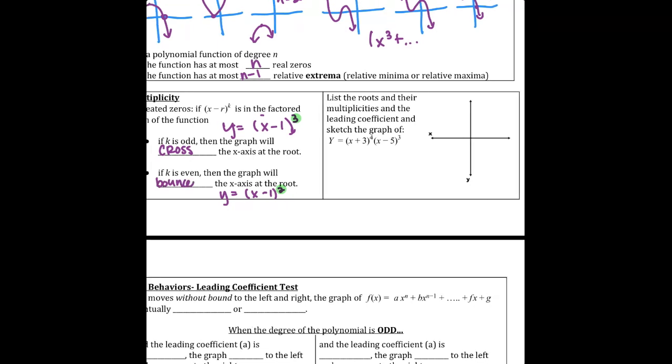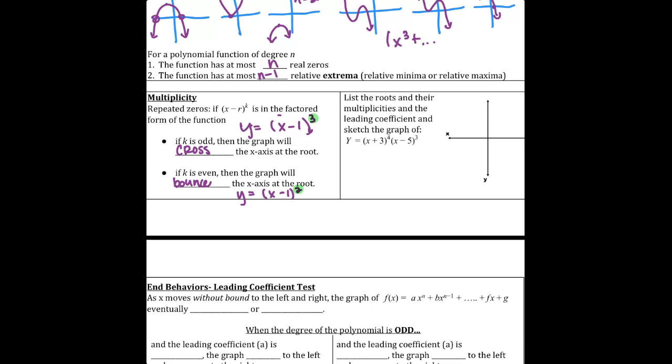Okay, so we're just going to list the real roots really quick. I can see using zero product property that x plus 3 is equal to 0 and x minus 5 is equal to 0. So x can equal negative 3 and x can equal 5. These are my roots. This has a multiplicity of, I just write an m, a multiplicity of 4, which is even.